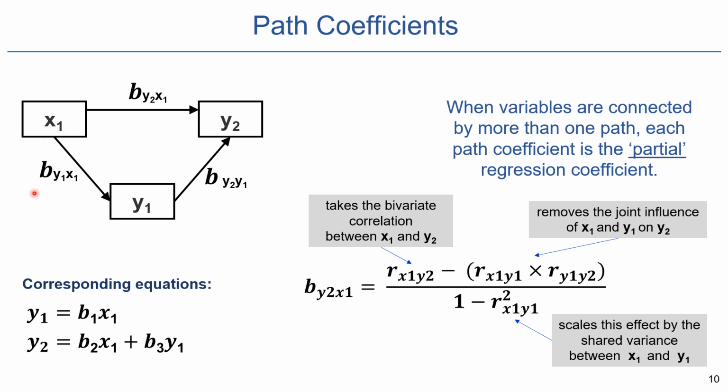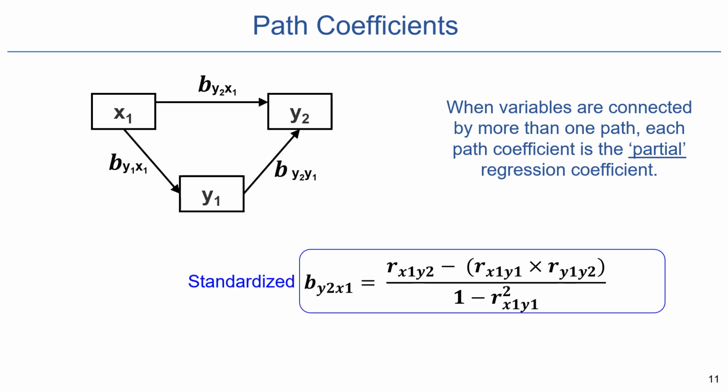So we have to remove this part of the effect here. And this is what is done by this formula here. It removes the joint influence of x1 on y1 and y1 on y2 in order to get the independent effect of x1 on y2.